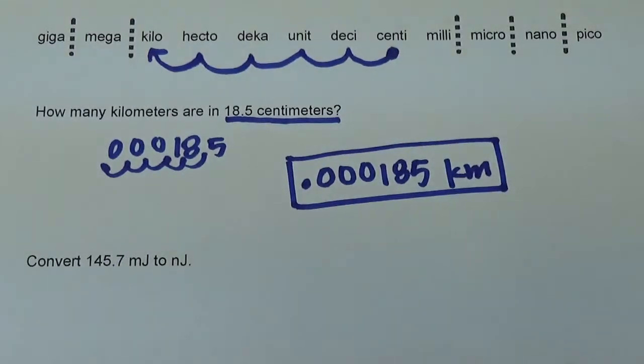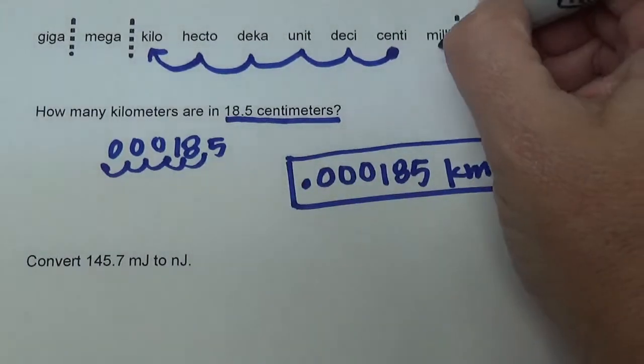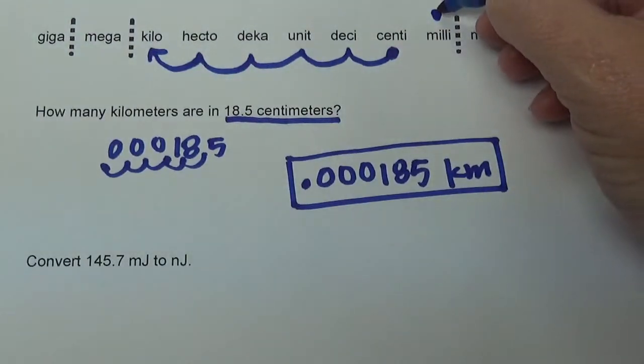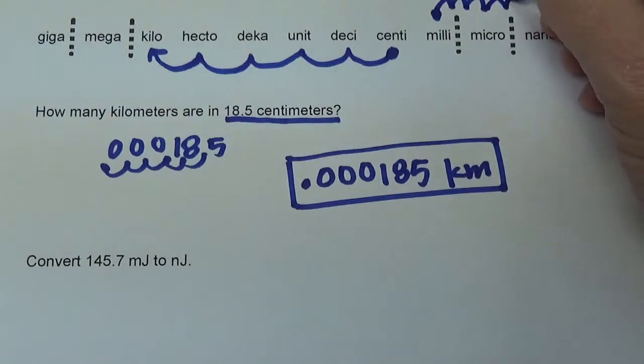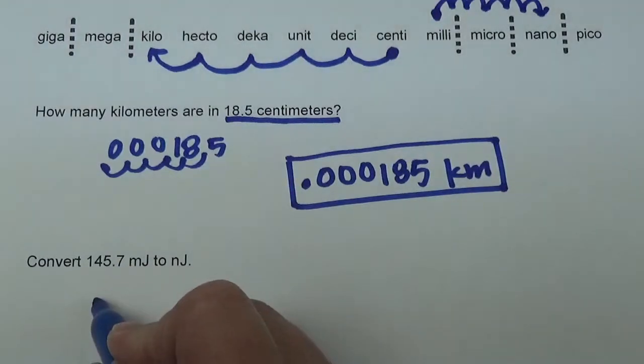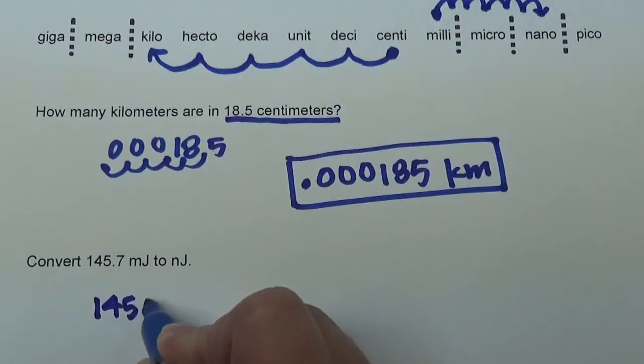All right, the next one says convert 145.7 mJ, which is milli, to nanojoules. So we're going to go from milli to micro, 1, 2, 3, from micro to nano, 1, 2, 3. So that's a total of 6. So we start with 145.7.